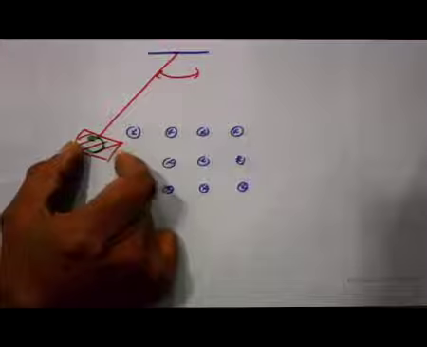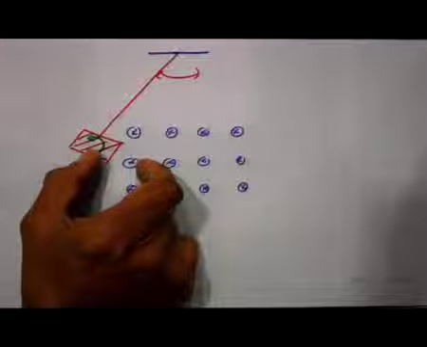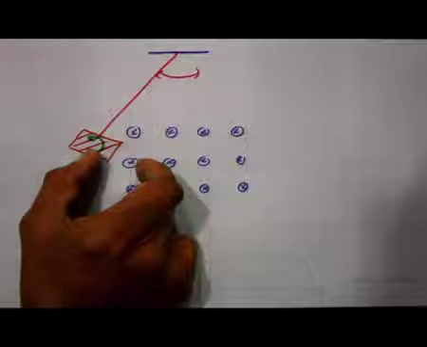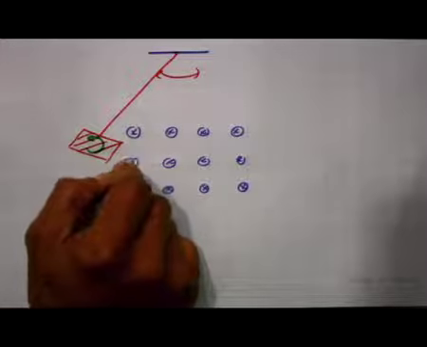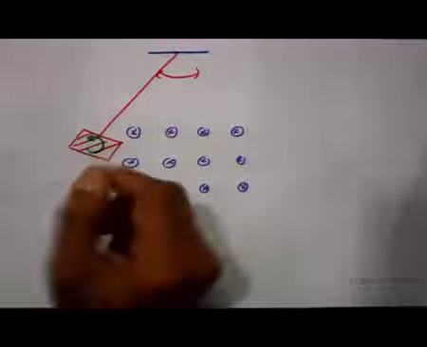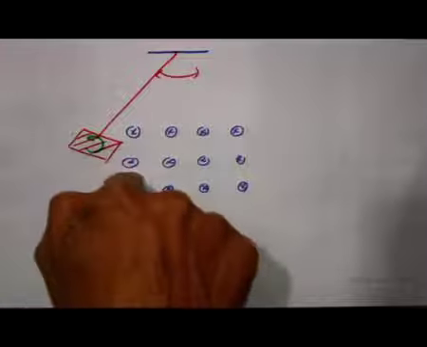Please note, as the solid moves into the magnetic field, the magnetic flux is increasing with time. So, the induced EMF will be such as to reduce this increase, which means that the currents generated in the solid must oppose this magnetic field, which means that they must generate a magnetic field pointing upward, because this magnetic field is pointing downward, and that will be generated if a current is flowing like this.